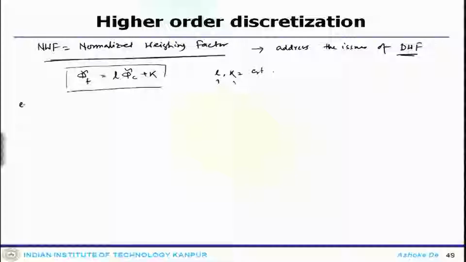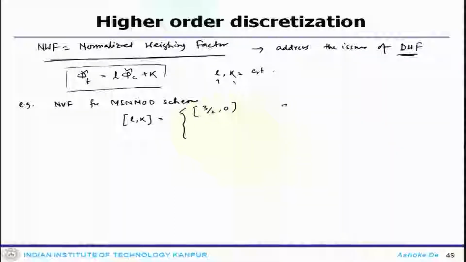This is an exact representation for nearly all the HR schemes that we have already discussed earlier. For example, in the normalized variable formulation for the MINMOD scheme, the values of L and k that we obtained are 3/2 and 0 for the range where phi c tilde goes from 0 to half, then half and half where phi c goes between half and 1, and 1 and 0 elsewhere.